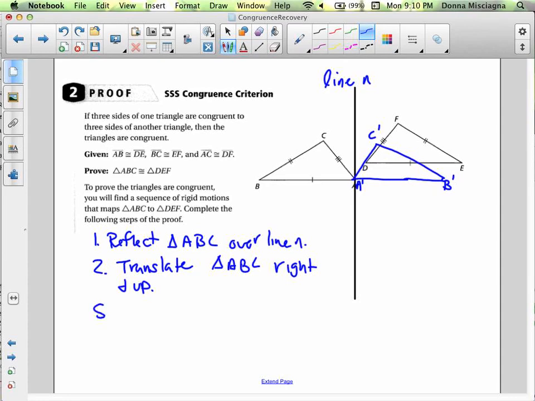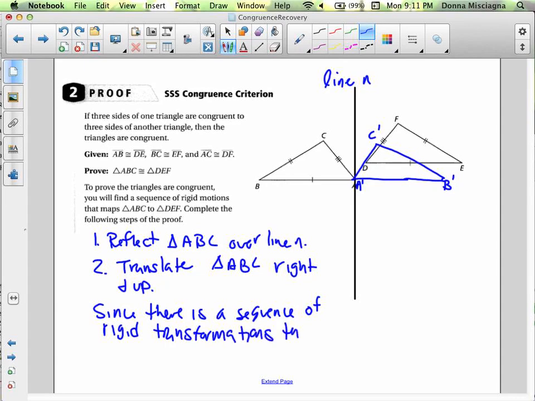And so since there is a sequence of rigid transformations that maps triangle ABC to triangle DEF, triangle ABC is congruent to triangle DEF.